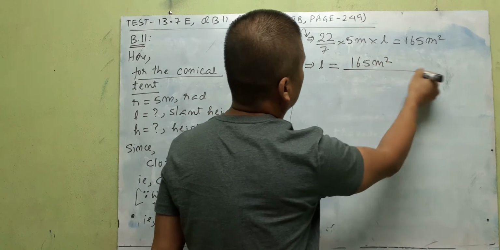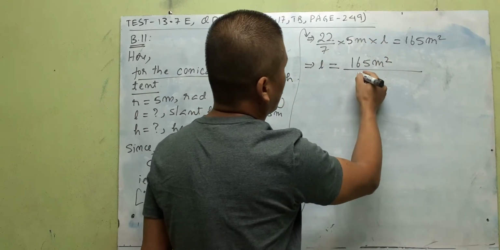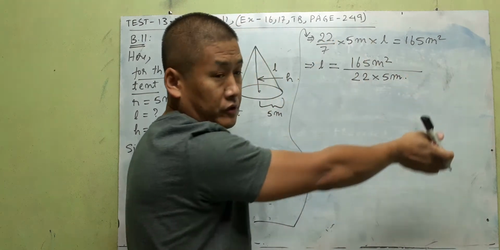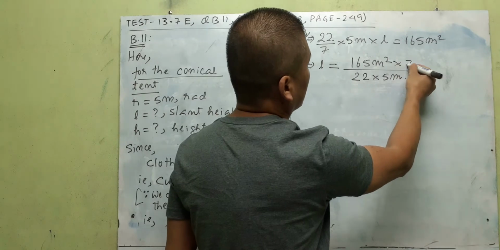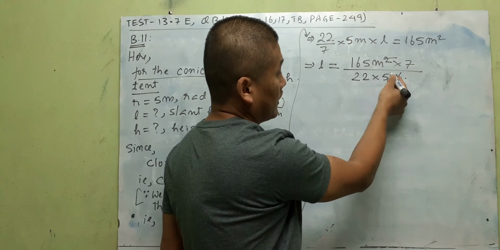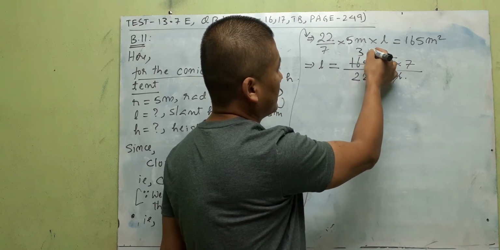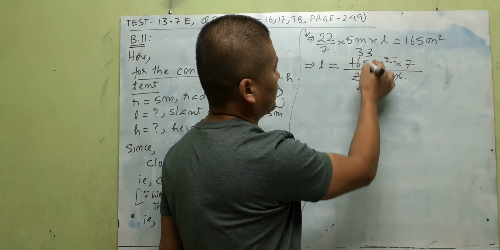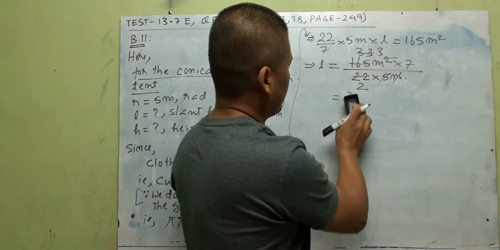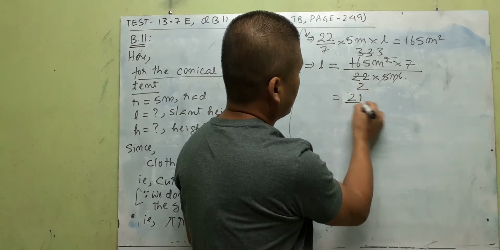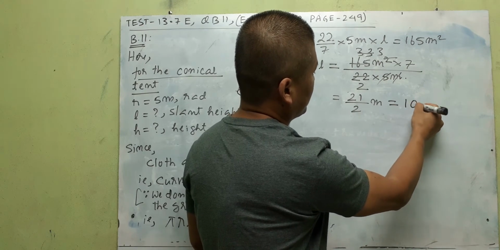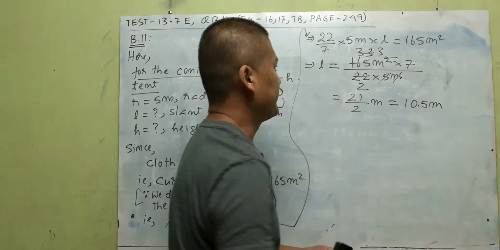Now 22 and 5 meter will come down because they are in the numerator, so they go to the denominator when you shift the side, and this 7 will go up, right? So now we can cancel this meter and 1 power gone. Then 5 3s are 15, 5 3s are 15, 11 2s are 22, 3s are 33. So L is equal to 3 7s are 21 divided by 2 meter, which is equal to 10.5 meter. That is the L.